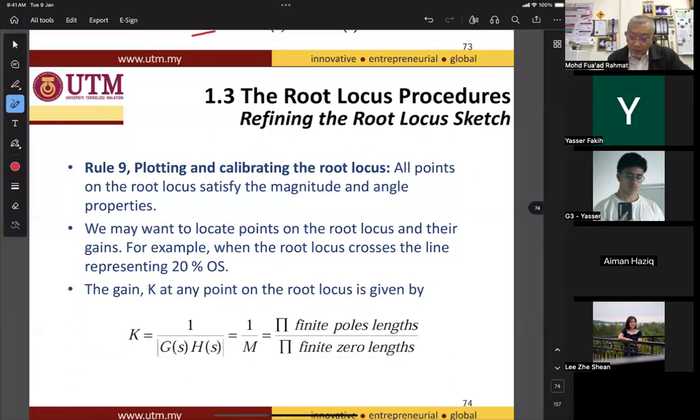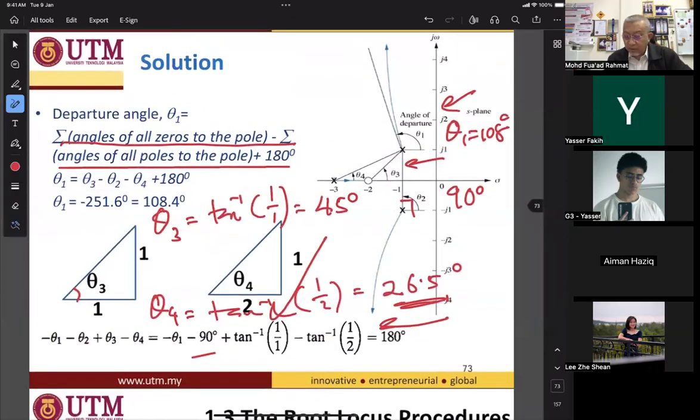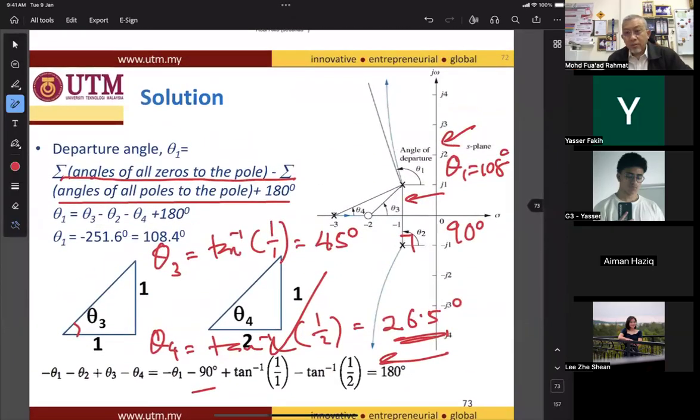Okay. Why is there no theta arrival in this case? Miss Lee, where is theta arrival in this case? Theta arrival is at infinity because right now we have 3 poles, but we only have 1 zero.